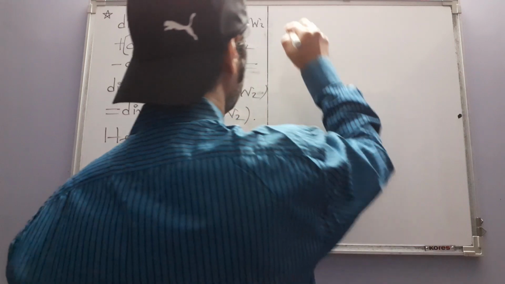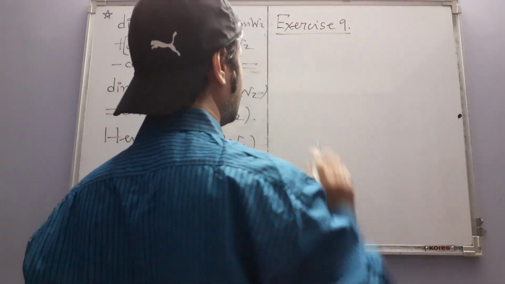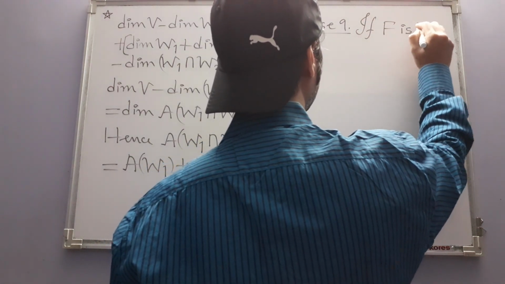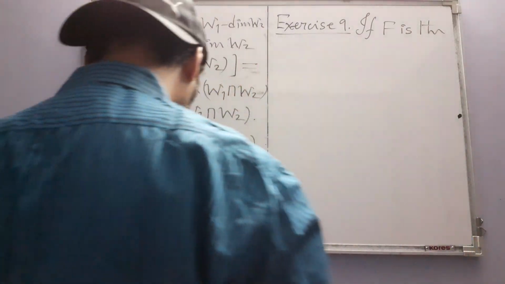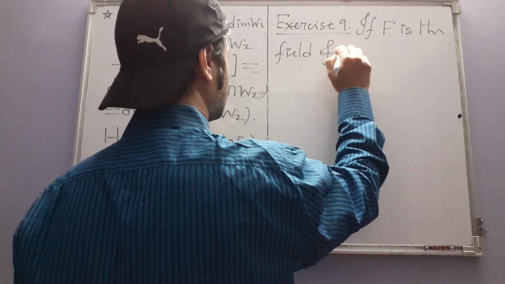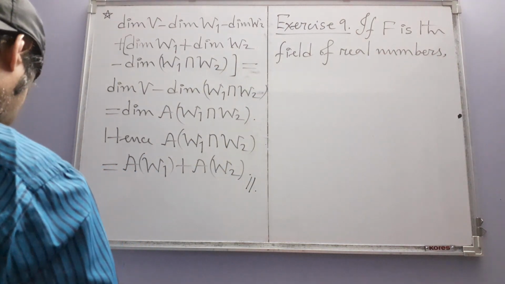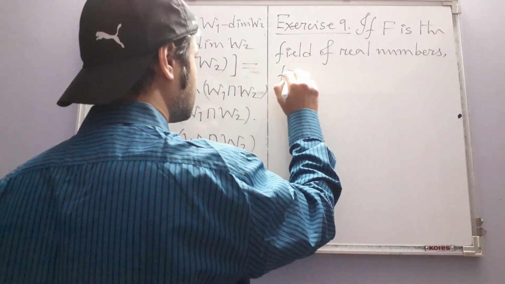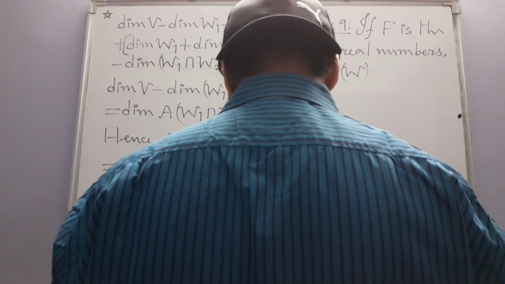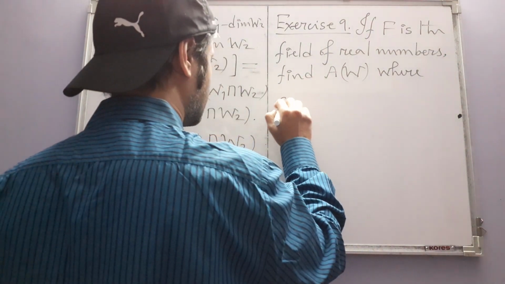Next, if F is the field of real numbers, find the annihilator of W where there are two parts.